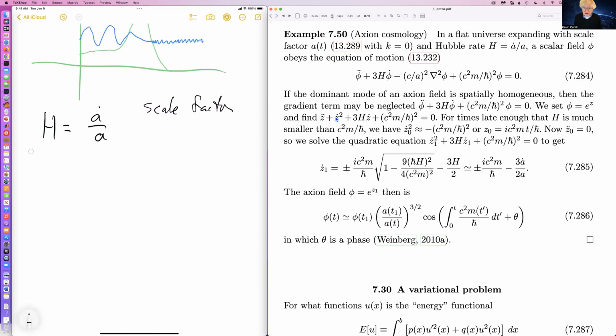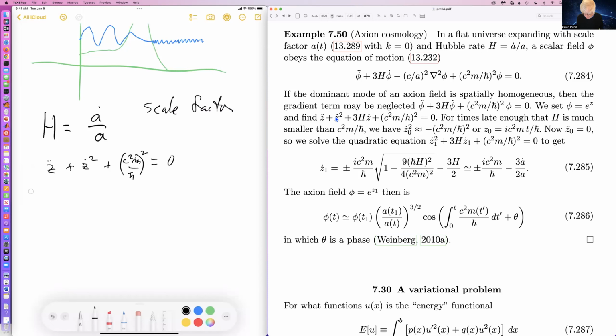So we have the equation then z double dot plus z dot squared, if we drop H, plus c squared m over h bar squared equals 0.